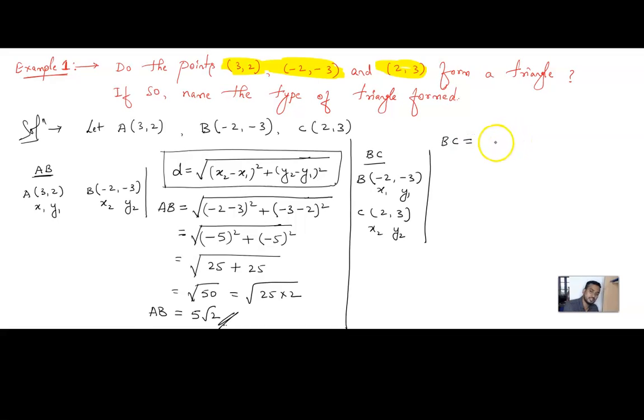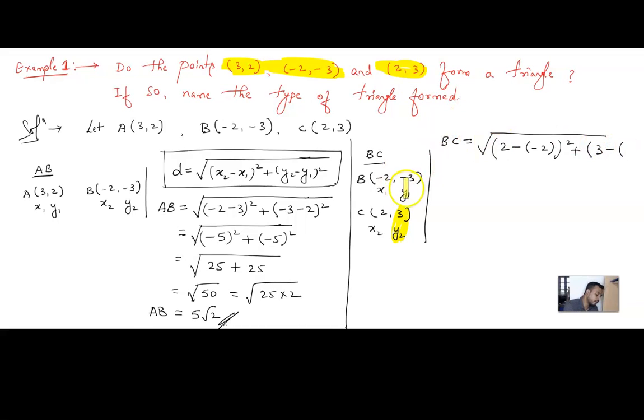That is BC, distance BC is equal to root of x2. What is the value of x2? That is plus 2, right? Remember, x2 minus, this is formula, minus. What is x1? Minus 2. It means one more minus we are getting, so we have to write in bracket that value. This is minus 2. x2 minus x1 whole square plus y2. What is y2? Can you see, children? That is plus 3. y2 is plus 3 minus, what is y1?